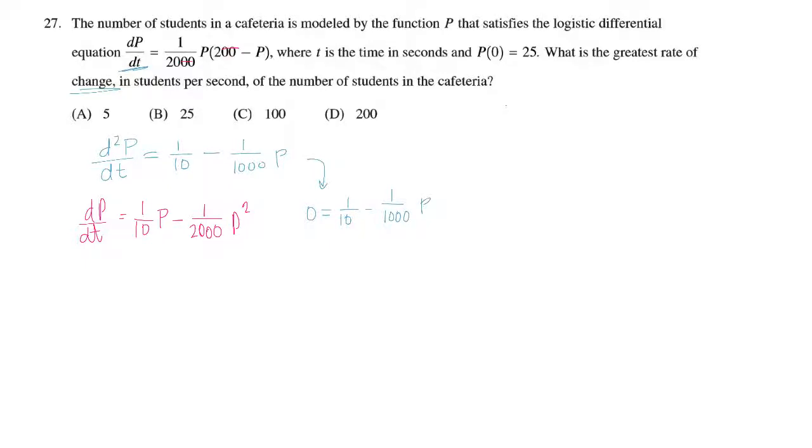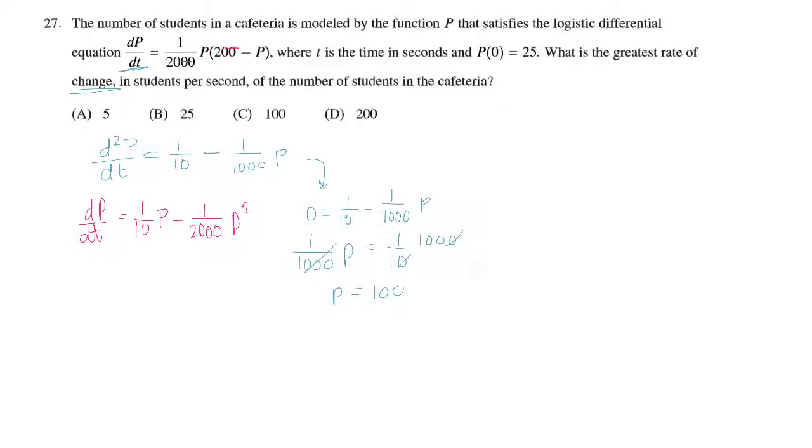I'm going to add that, so I get 1 over 1,000 p equals 1/10. And multiply by 1,000. So it looks like p is going to give me 100, assuming I did my numbers right.